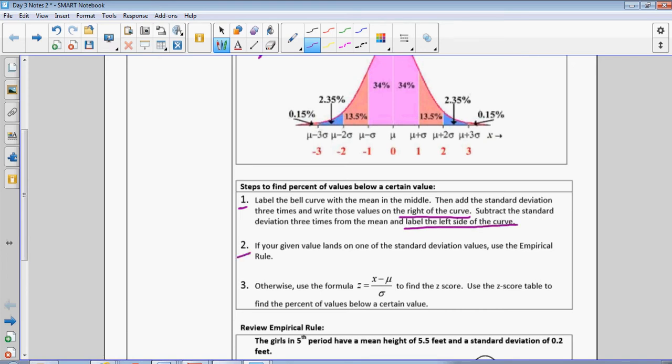Then, if your value lands on one of the standard deviation values, you can just use your empirical rule, and if it didn't, you're going to use your new z-score formula, x minus mu over sigma. Remember that mu is the mean, and sigma is the standard deviation.